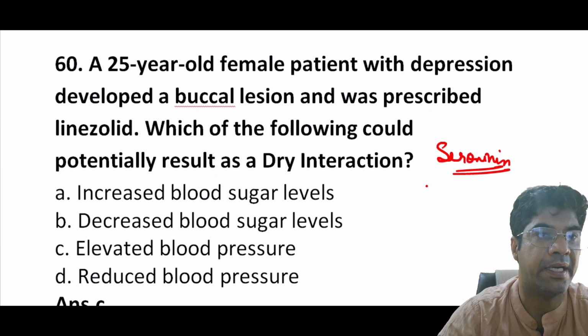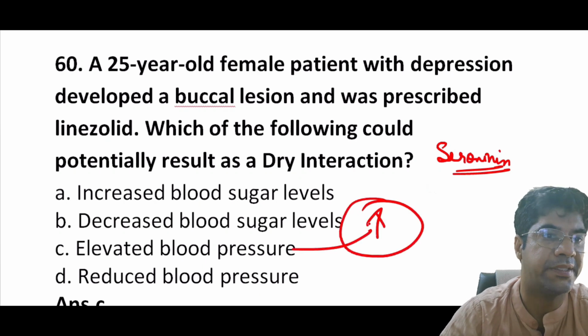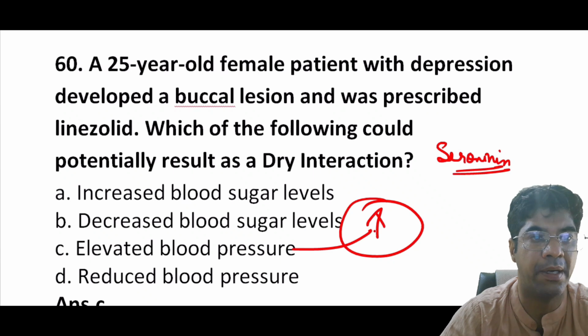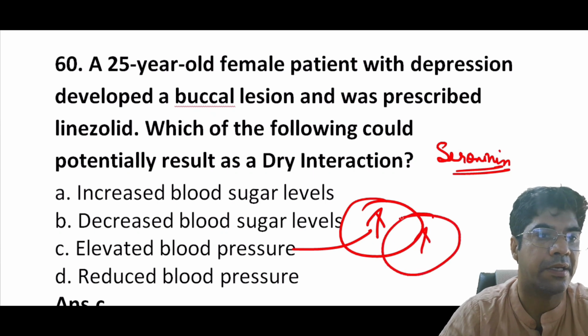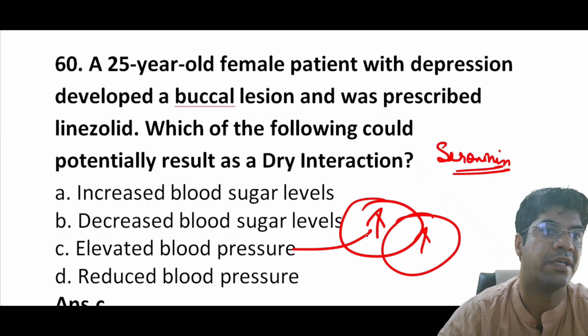So there would be elevated blood pressure. That is the feature. So if a patient is taking medication for depression and is prescribed linezolid while taking MAO inhibitors, it can result in drug interaction leading to elevated blood pressure that could exacerbate the symptoms of the serotonin syndrome.